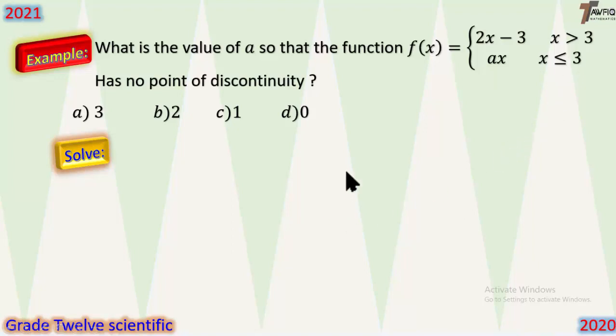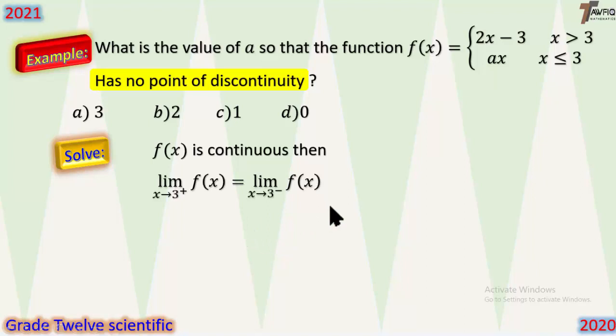In this case, we have bigger or less, because we have no point of discontinuity, that means this function is continuous. f(x) is continuous. Because the function is continuous, that means the limit exists. Because the limit exists, therefore the right limit is equal to the left limit.